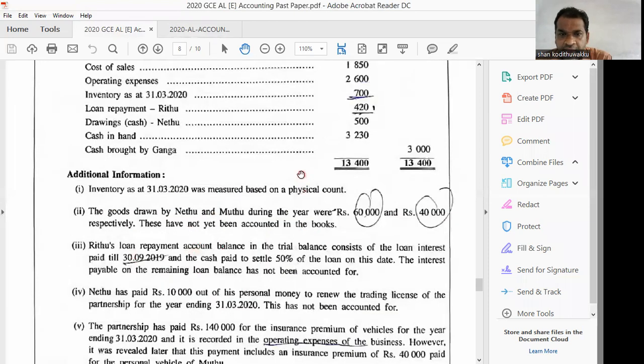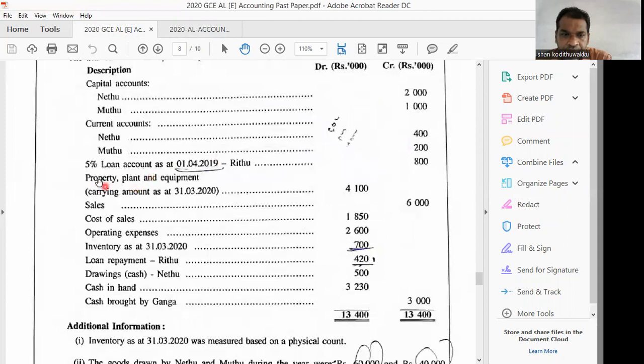That means at the beginning, they have given you 5% loan account as at 1st April 2019, Rithu, 800. Out of this 800, they have paid 50% of the original loan after 6 months. But in the settlement of that, they have included interest related to the first 6 months also.